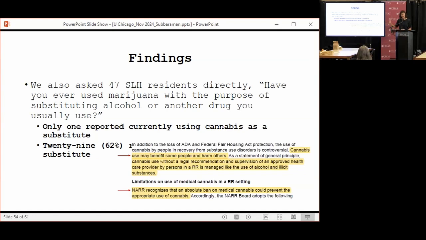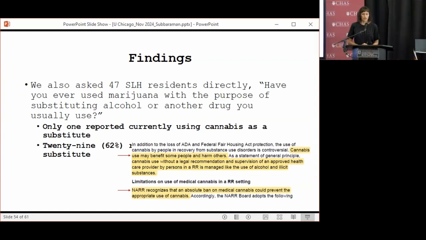Yes, on average, it does not seem to be working as a substitute, but NAR recognizes that an absolute ban on medical cannabis could prevent the appropriate use of cannabis. So let's remember that cannabis is used for reasons besides recovery. There are health conditions that cannabis can be very helpful for in some people. And maybe this one person is using it effectively as a substitute. I just want us to remember that this person's experience is valid, and this is a tricky problem.